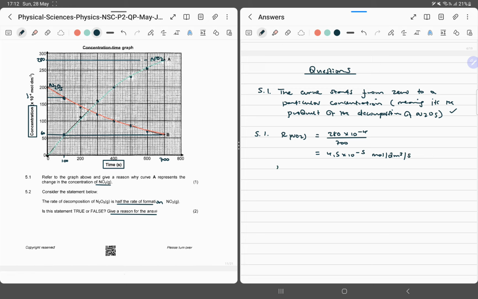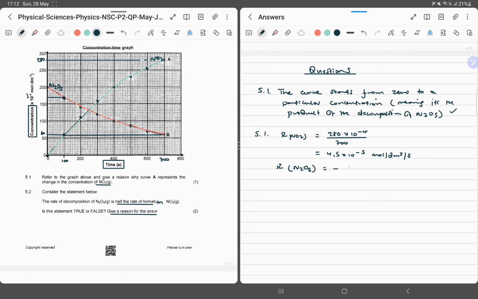And then let's look at the rate of the dinitrogen pentoxide decomposition. This one you already multiply with the negative because there's going to be a few issues there.